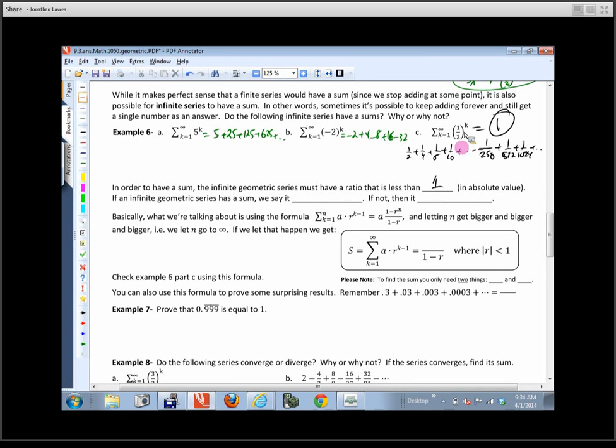If it's less than 1 in absolute value, they get smaller. They end up approaching 0 in this nice geometric way, so it can actually have a sum. If an infinite geometric series has a sum, then we say it converges. The example that we just did converges to 1. The partial sums converge to 1. And if it doesn't converge, then we say it diverges.